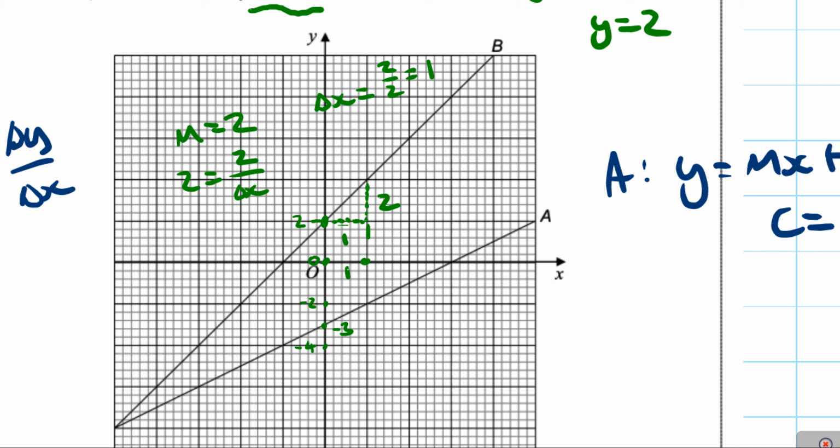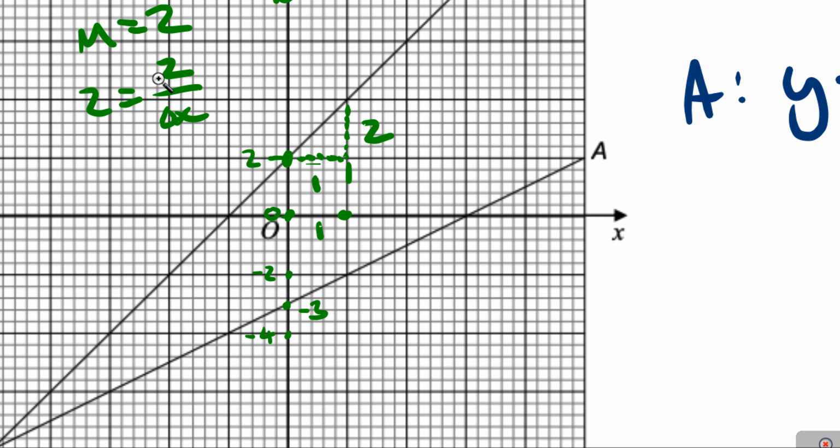So that means that we can find our gradient. If we pick any point, let's pick this point here, we can draw a little gradient triangle between each point. We know that this one is equivalent to 1, because each of the big squares is equal to 1. So our delta x is equal to 1.